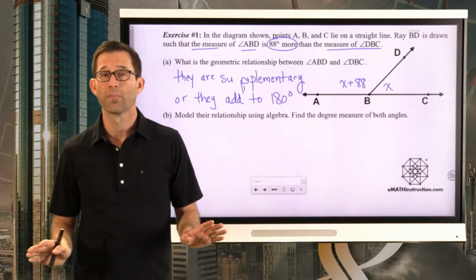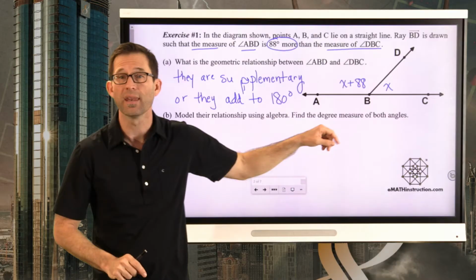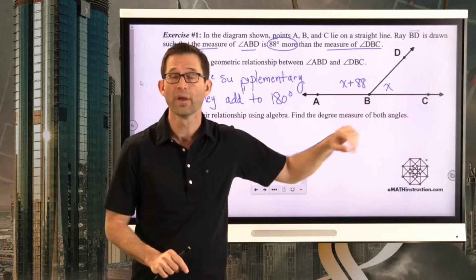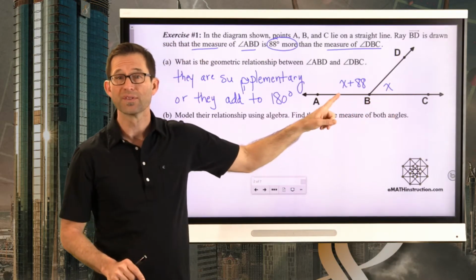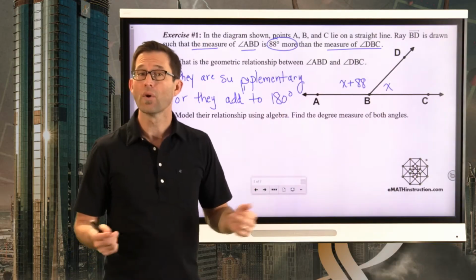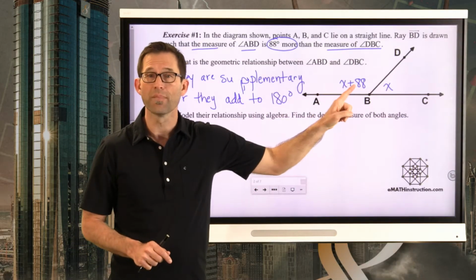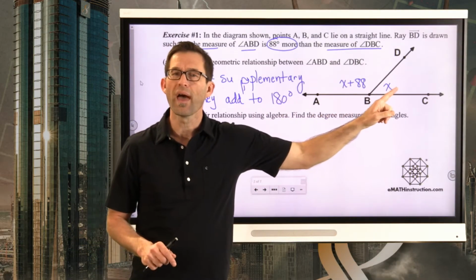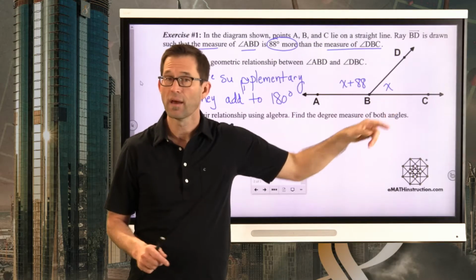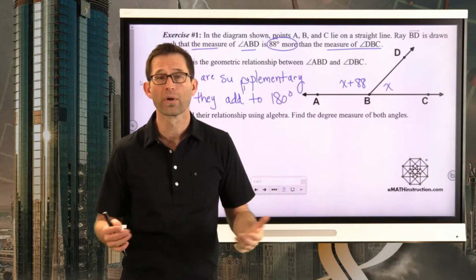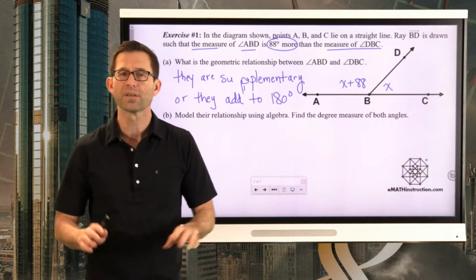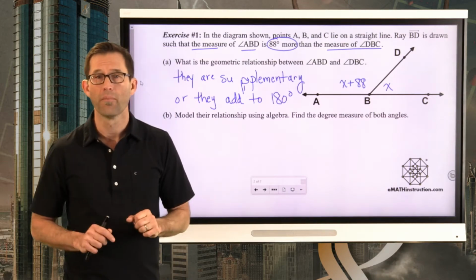It's pretty much that simple. If this angle's measure is 88 degrees more than this angle's measure, then this one is X plus 88. Now don't get me wrong, you could also let this one be X, but then this one would be X minus 88, and that would be fine. It would all work out the same. You'd get a different value for X, but it would at least model the problem properly.